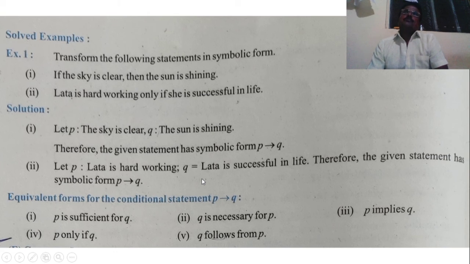We are given two simple statements P and Q. Then we write this compound statement in symbolic form, that is P → Q, the symbolic form of mathematical logic.